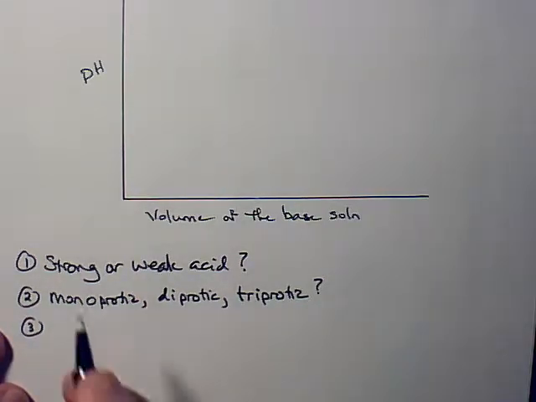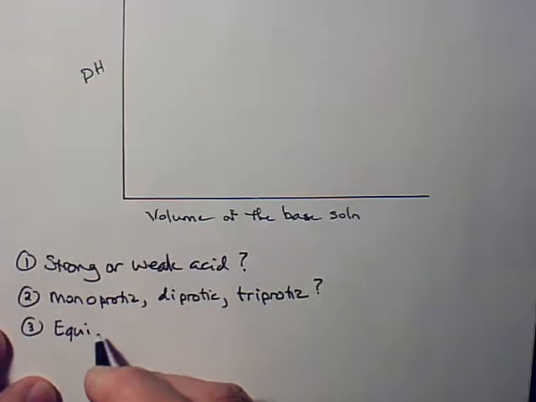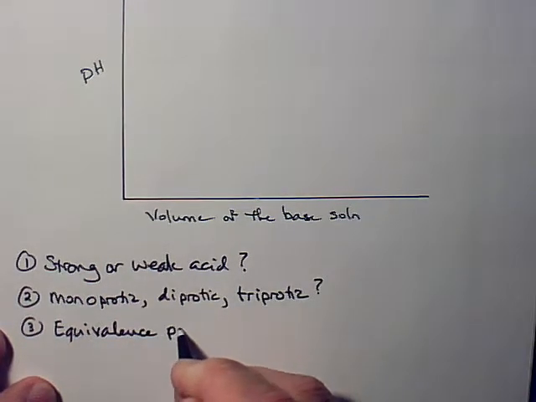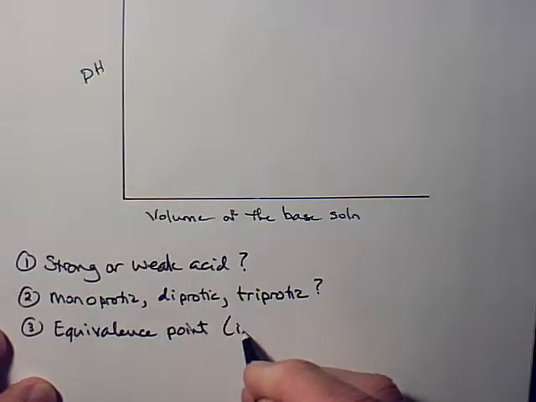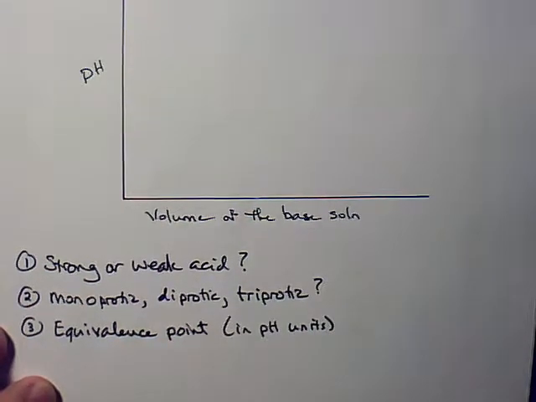From the graph, you'll be able to tell me what's called the equivalence point, and that comes in pH units. By the way, there actually is no unit of measurement for pH. It's just a number.